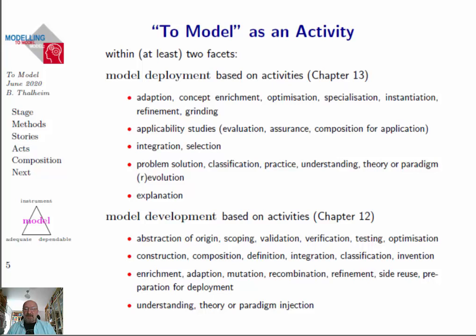This lecture, for this reason, gives some insight on abstraction, on construction, composition, definition, integration, specification, invention, enrichment, adaptation, mutation, recombination, refinement, site use, and preparation for deployment. And of course how a theory can be developed to support all these acts and activities for model development. The next lecture we will explain how it can be done in a proper form for model usage.